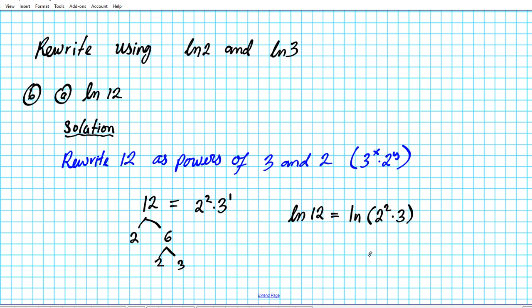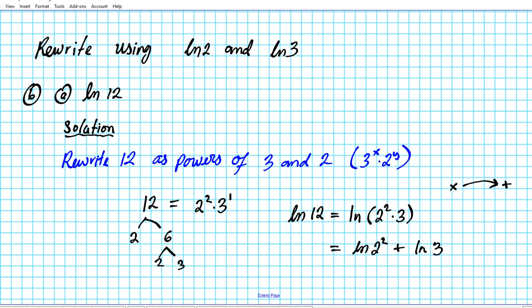Now using the properties of logarithms, remember when you have the product of numbers, it is the same thing as the sum of the logs of the factors. So this is going to simply become the natural logarithm of 2 squared, this times becomes a plus, plus the natural logarithm of 3.